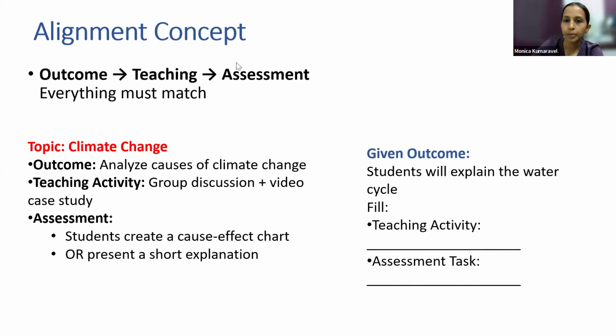The students will explain the water cycle. You have to fill in the teaching activity and the assessment task for the outcome which is provided. Can anyone do this? Students will explain about the water cycle. I want anyone to explain what teaching activity you will give for this given outcome and what assessment you can give for this particular outcome.